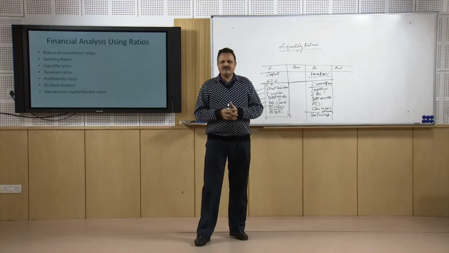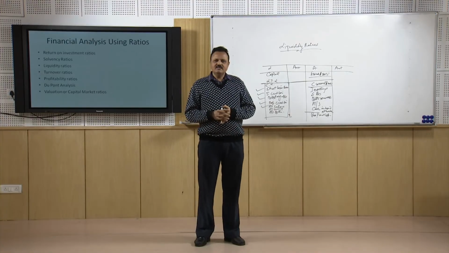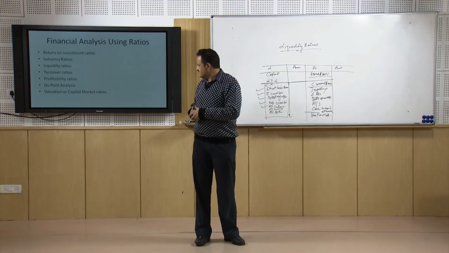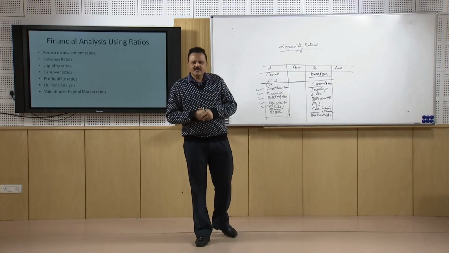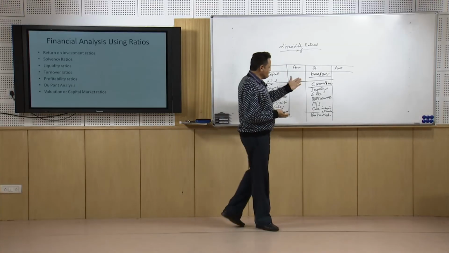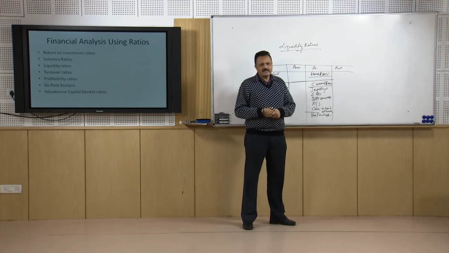So, if you want to make proper use of the fixed assets and improve your turnover ratios, which will be the next set of discussion for us, you need a sufficient, optimum amount of current assets.